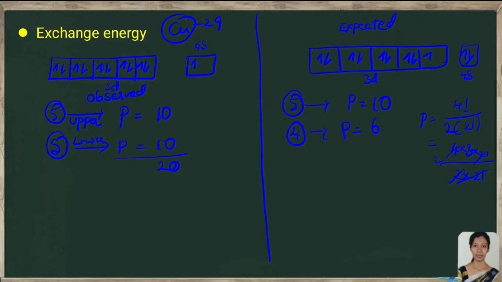The number of exchanges will be 6 for the lower spin electrons in the expected configuration. The total number of exchanges will be 16 in the case of the expected electronic configuration. The exchange energy for this is 16K. The exchange energy for the observed electronic configuration is 20K. So the higher the exchange energy, the more stable the electronic configuration will be. That's why it gets extra stability by acquiring higher exchange energy.